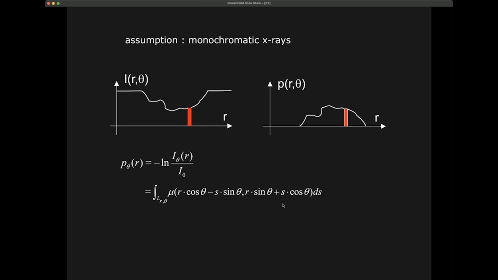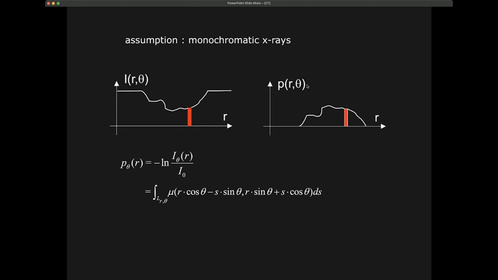Now you start to see that this type of expression starts to look familiar. It comes close to things like Fourier transforms, and we're going to see later on that the Fourier transform is crucial for the reconstruction from projections.